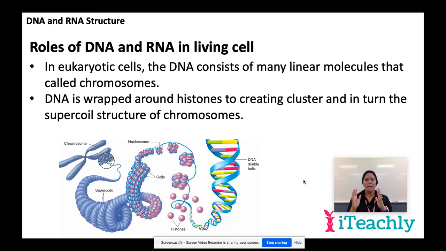And so what a chromosome really is, it's a long strand of DNA that will actually wrap itself around a histone, and histone is just a little protein, a circular rod-shaped structure. You can see them right here, and they wrap up around those, and then these create these clusters, and then these clusters actually will start to supercoil, and then it'll coil again and coil again and coil again.